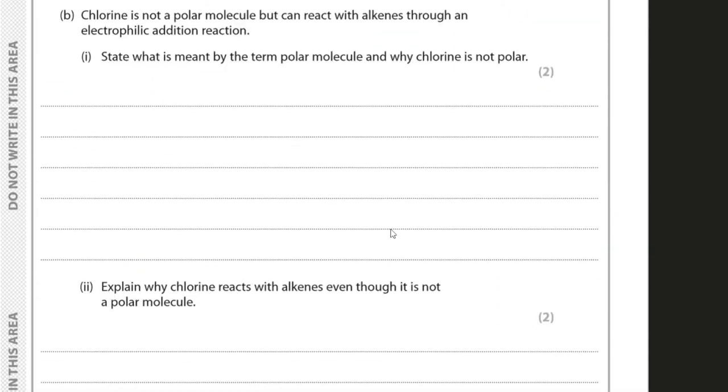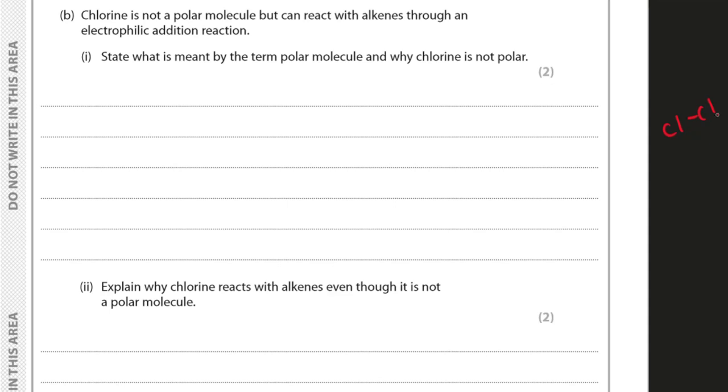Moving on, chlorine is not a polar molecule, but it can react with alkenes through an electrophilic addition reaction. State what is meant by the term polar molecule and why chlorine is not polar. Now, first of all, you need to understand that in a chlorine bond, both atoms have the same electronegativity, so there is no electronegativity difference here.